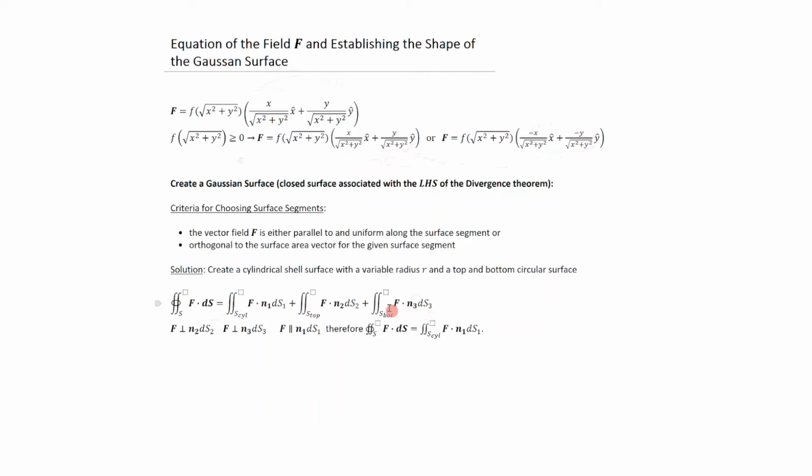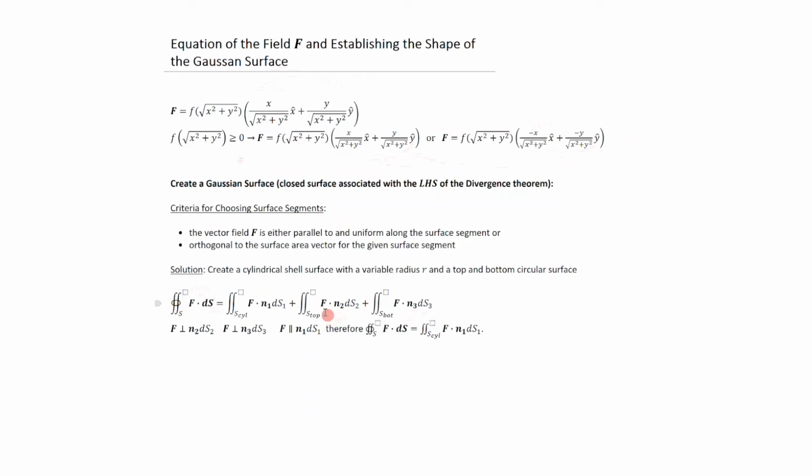Recall that with the divergence theorem, the surface area vectors must point outwards from the surface. But the field being radial and the surface being in the z direction means that these 2 are orthogonal to each other, and these 2 are orthogonal to each other. Therefore, their dot product will be equal to 0, and the only one that makes a contribution to the closed surface integral is this one.